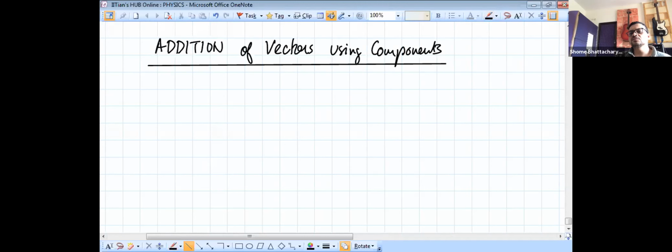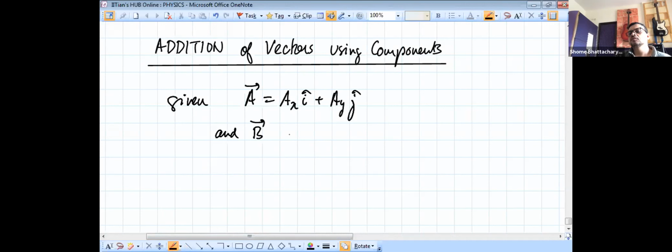So this is very simple really. Given vector A in component form as Ax i cap plus Ay j cap and B as Bx i cap plus By j cap.